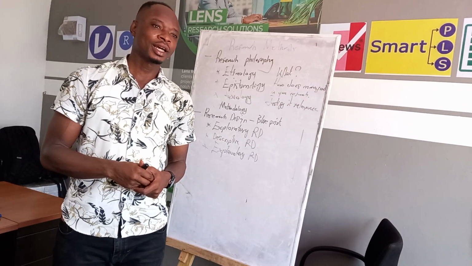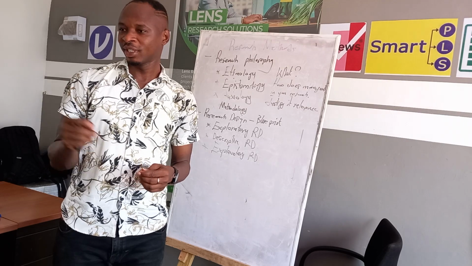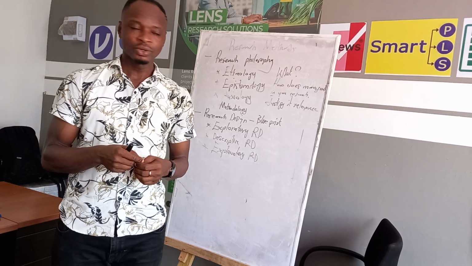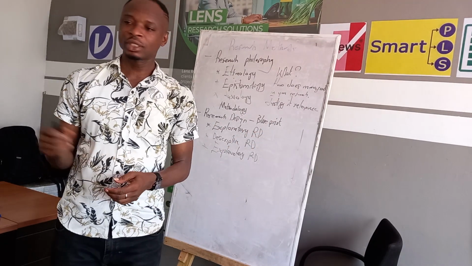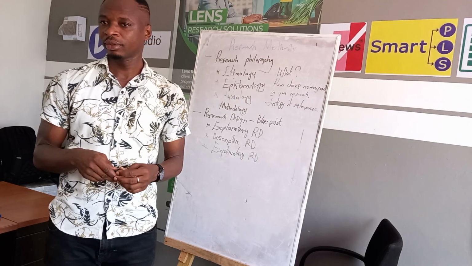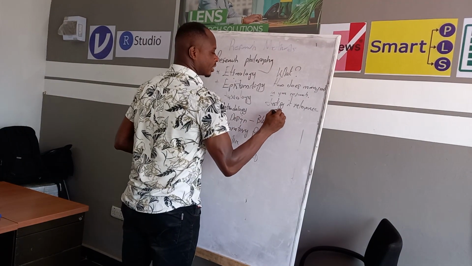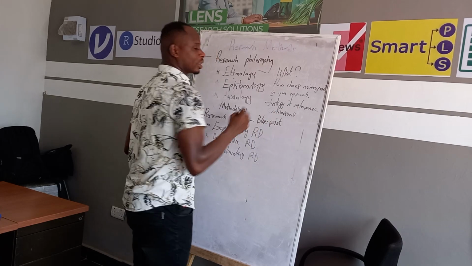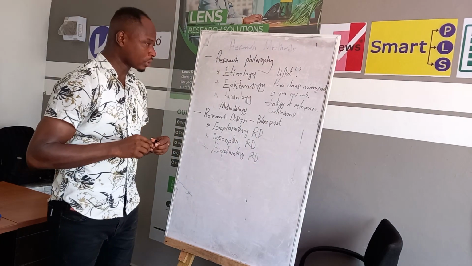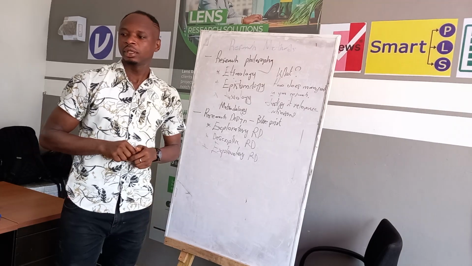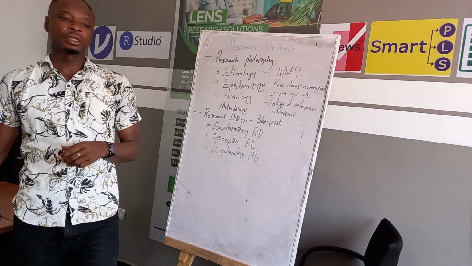But as a mature researcher, there could be some weaknesses. So you can also talk about some criticisms that have been leveled against that particular approach or design that you are using.